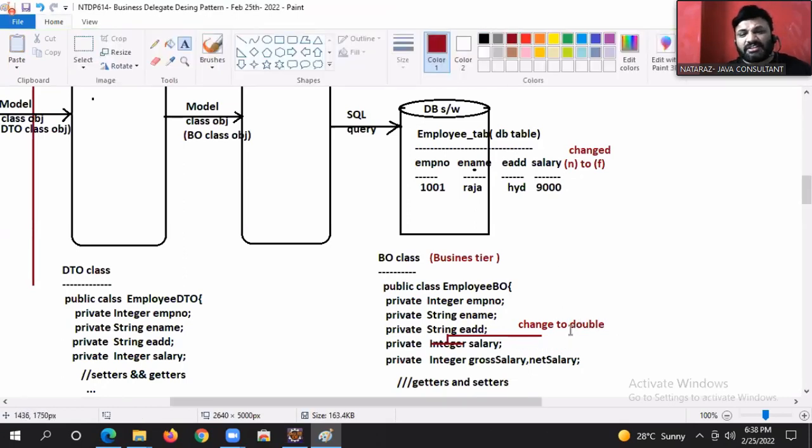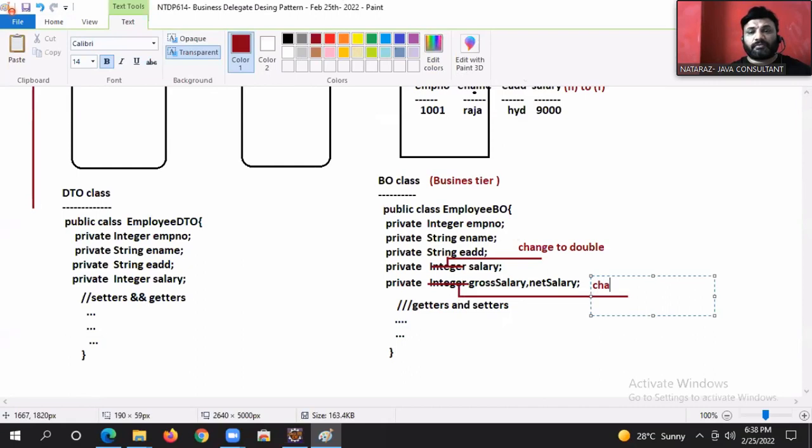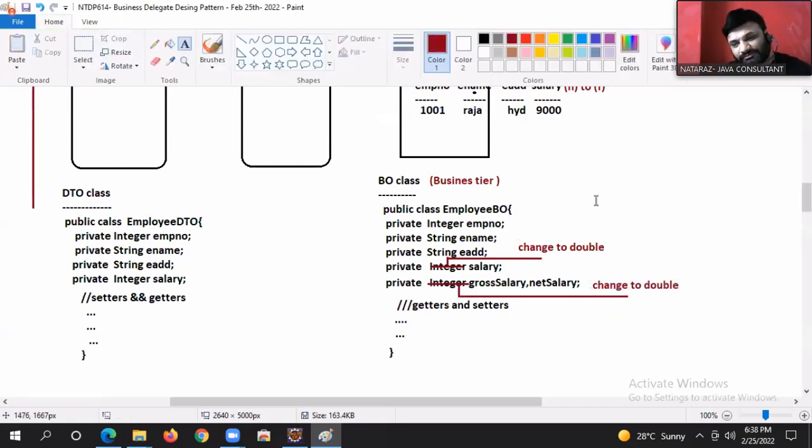And when they are changed, definitely these two things should also be changed, or not? Change to double. Change to double.